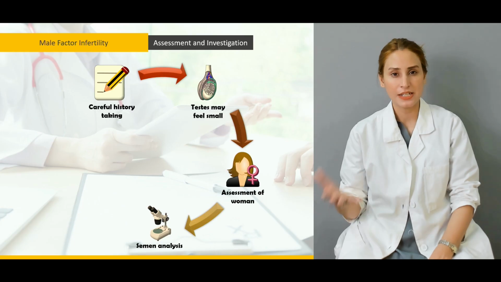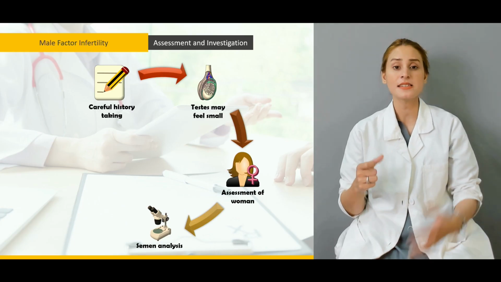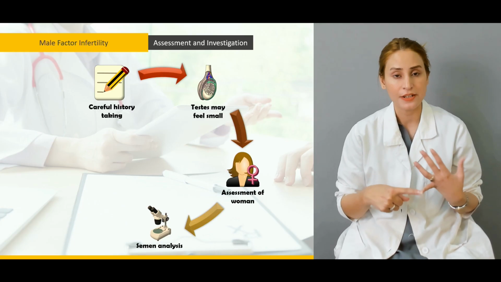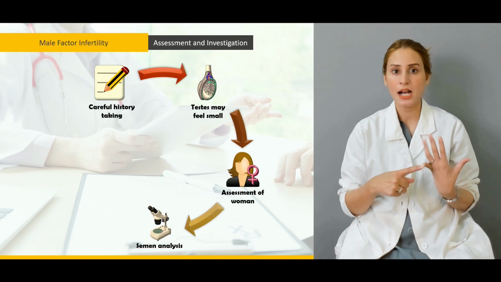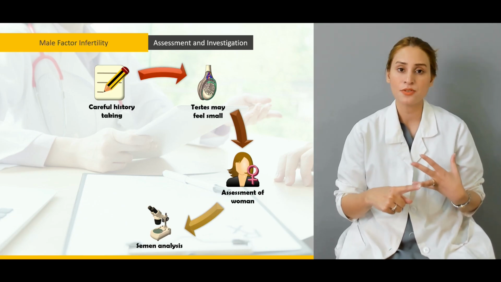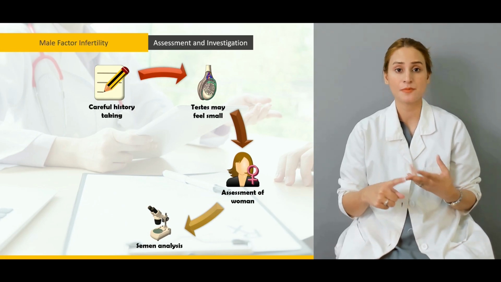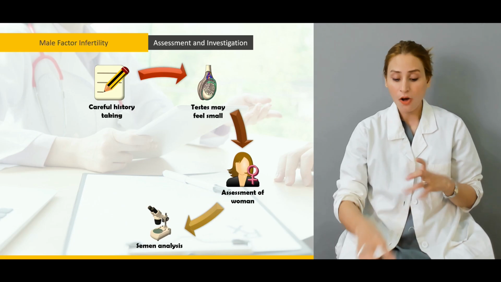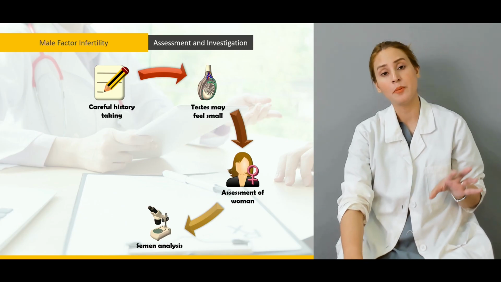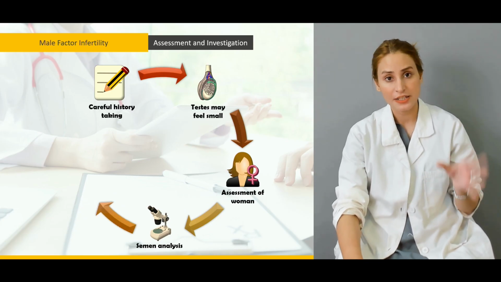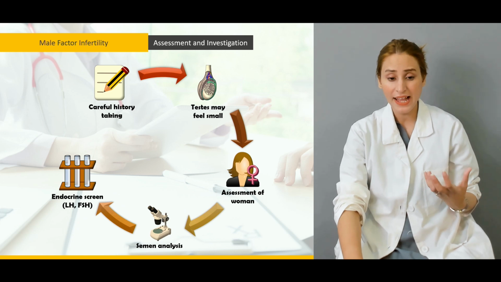In investigation, you go for the semen analysis, in which you look at the total sperm count, the number of motile sperm and immotile sperm, and the total volume. Almost 15 million sperms per ml are considered to be healthy.